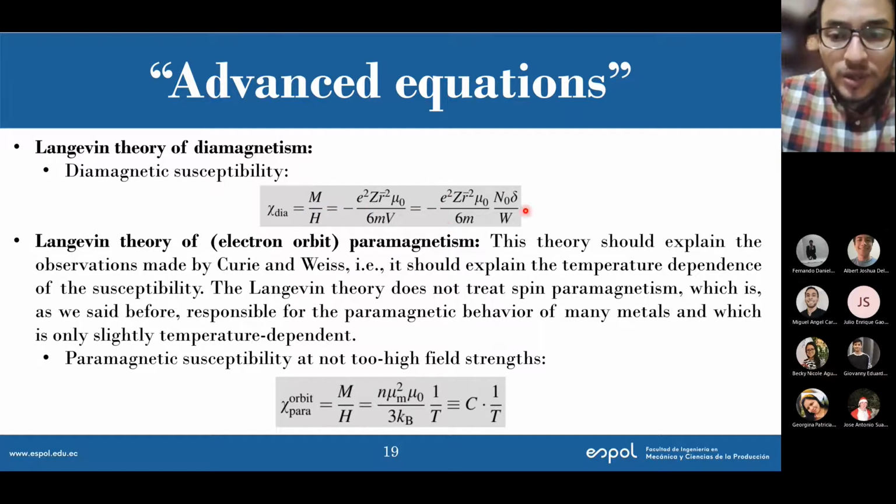And you might be wondering, what do the terms in this equation mean? e is the electron charge, nothing to be surprised. First of all, this N naught delta over W: N naught, as you might imagine, is Avogadro's number, delta is the density, and W is the atomic mass.